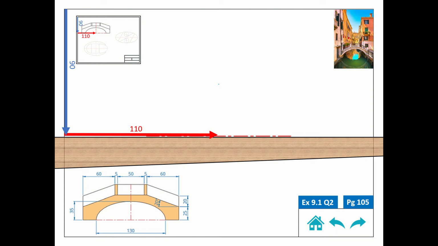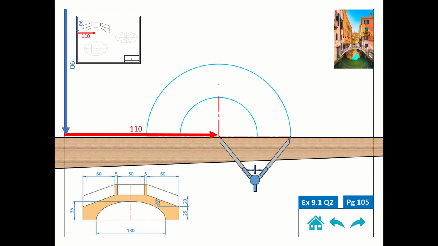It's 130 millimeters for the major axis, which gives us 65 either side. Then we draw in half the minor axis, which is going to be 35 millimeters. We can draw in our semicircle for our minor auxiliary circle, and then we can use our radius there for half the major to give us half of our major auxiliary circle.